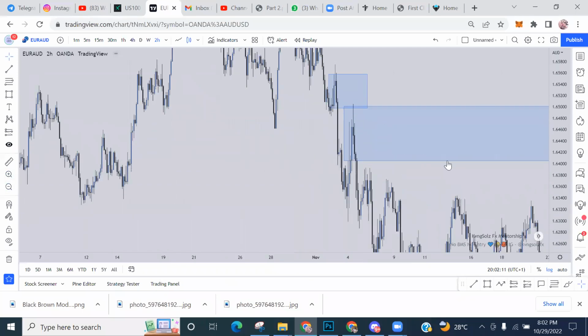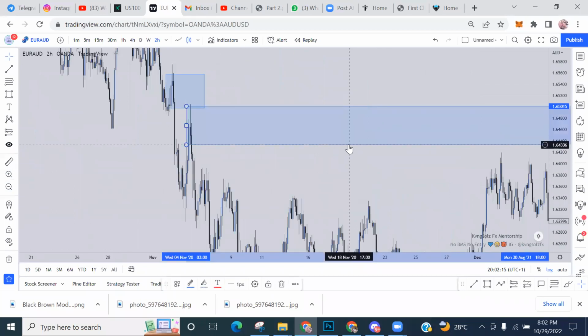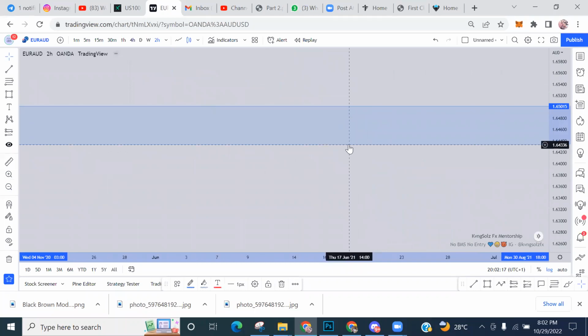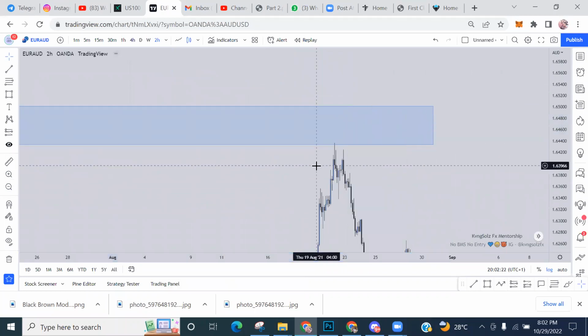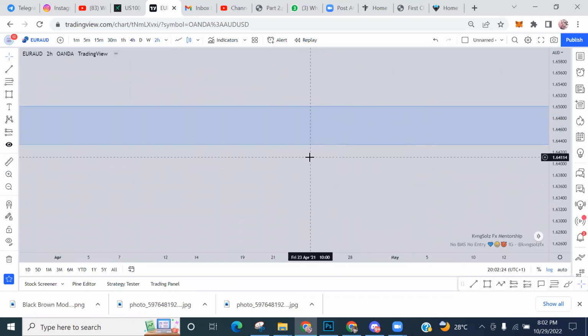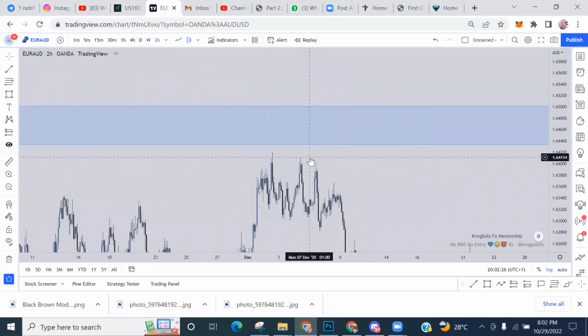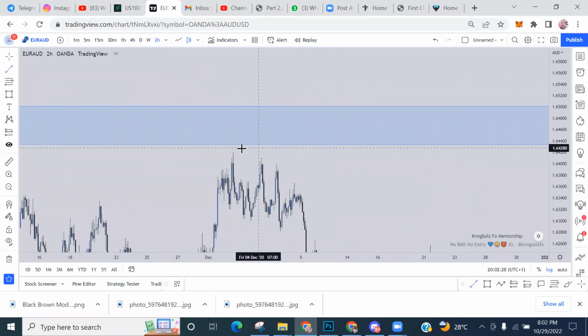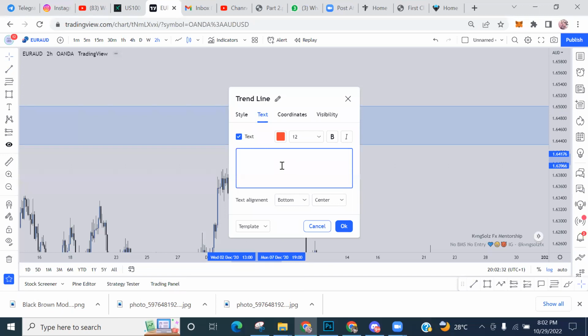Okay, so 2 hours is telling me this zone. You can see, so now you've gotten this, meaning the market took out this, made it its liquidity on the 2 hours, and then took it out.